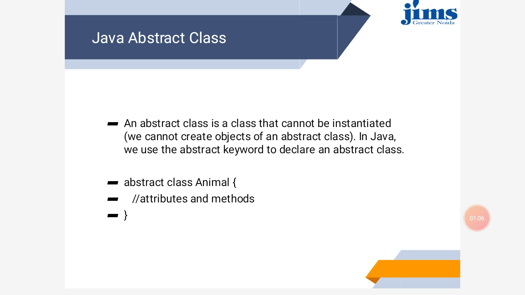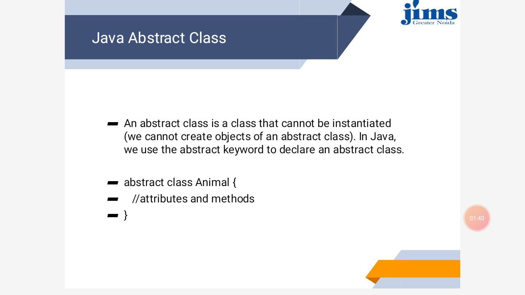What is the meaning of abstraction? Abstraction means you are showing only the important part of any system and hiding the complexity of the system. Like we can take the example of car driving. We know how to drive a car and how to change gear without knowing the complexity of the engine, what processes are taking place.